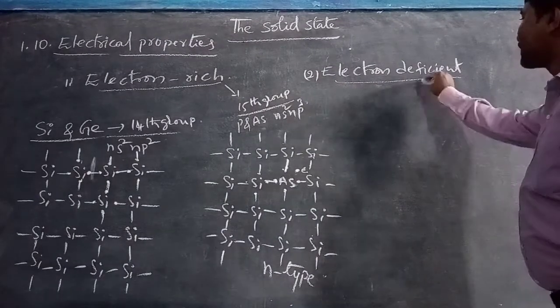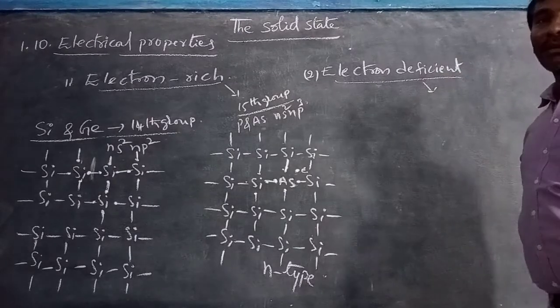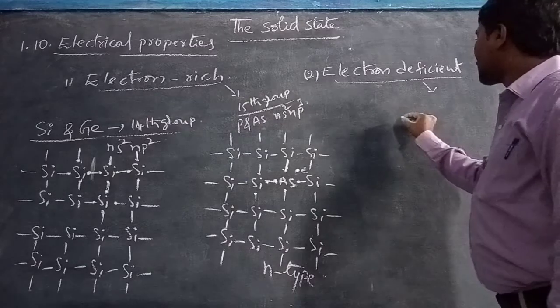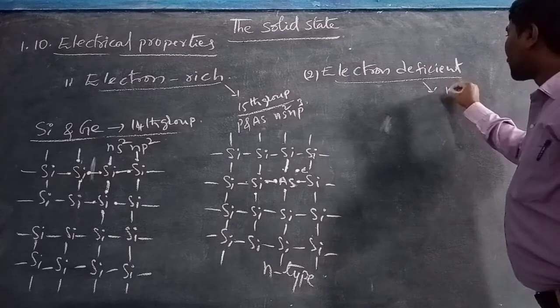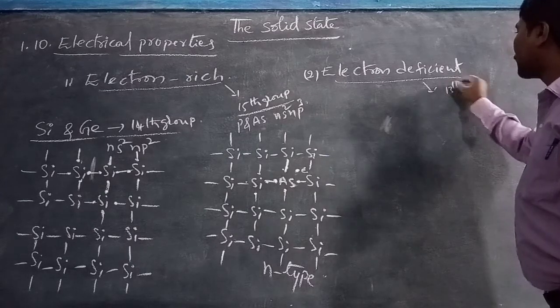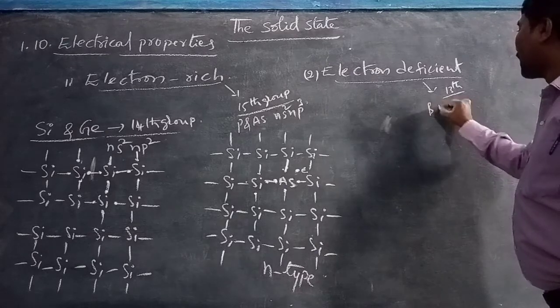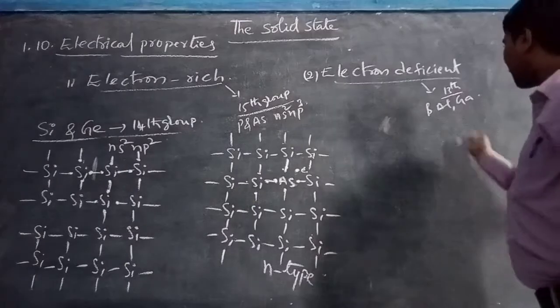Another one is electron deficient elements doping to the semiconductors. Here we use 13th group elements like boron, aluminium and gallium.